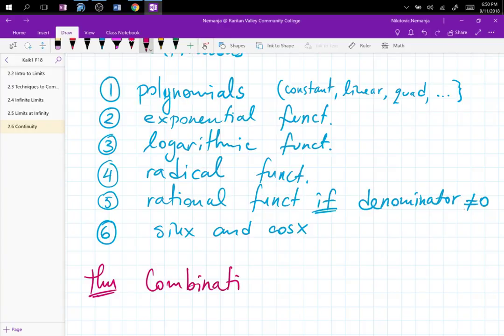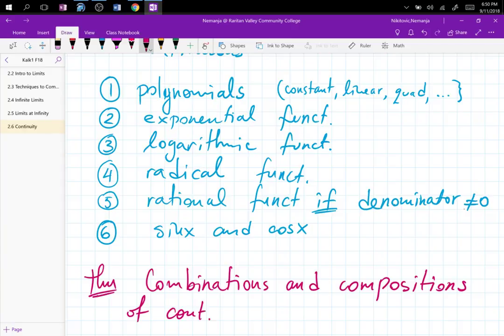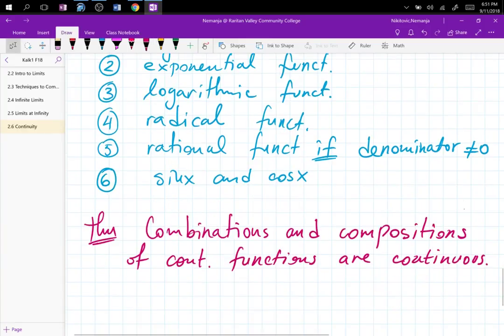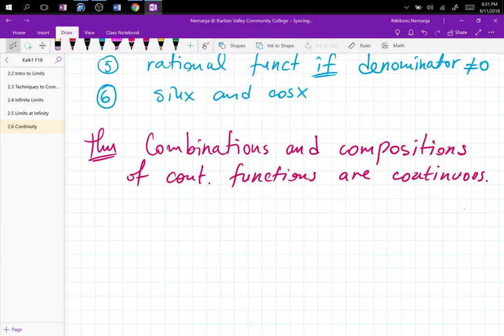Combinations and compositions of continuous functions are continuous. Combinations and compositions of continuous functions are continuous.